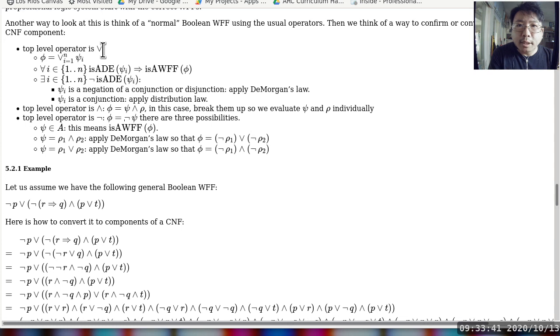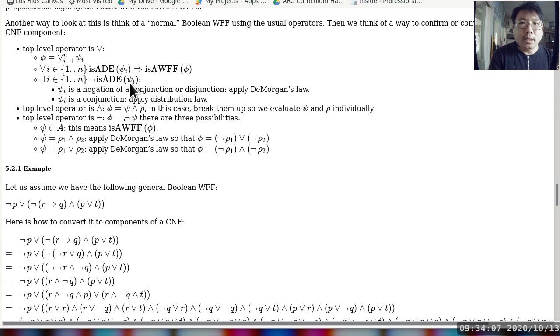The top operator is an OR, and inside the OR, each psi I is not well formed. In other words, each psi I is not a disjunctive element. So that means by the time we hit this portion here, psi I is not a disjunctive element.